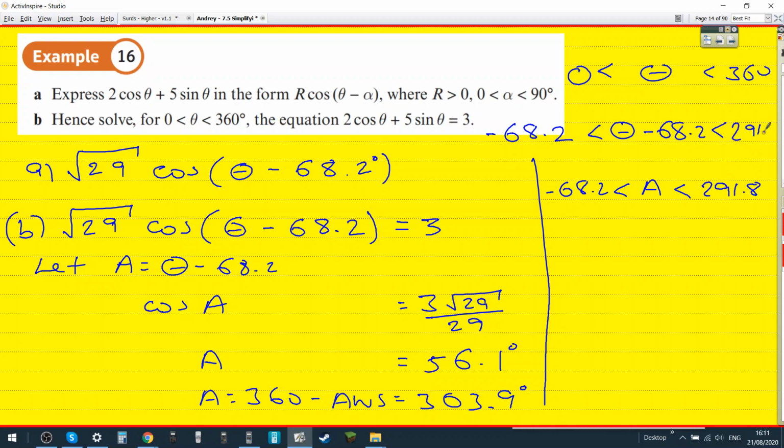Does that change anything? Yeah, my answer can't be 303.9, so that's outside the range. So what other answer can we get? Would I need to minus 56.1 from 303.9? No. It repeats every 360.